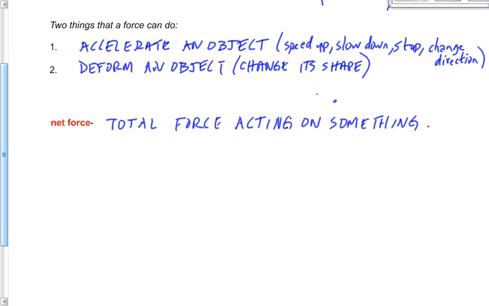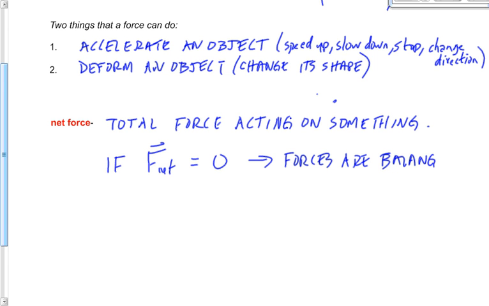Now, if your net force is 0, then we say the forces are balanced. Doesn't mean there's no force. There could be 3, 4, 5, 6, 7.